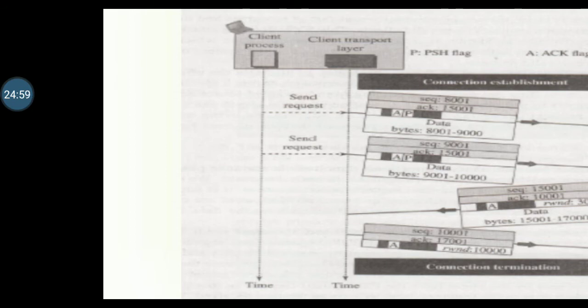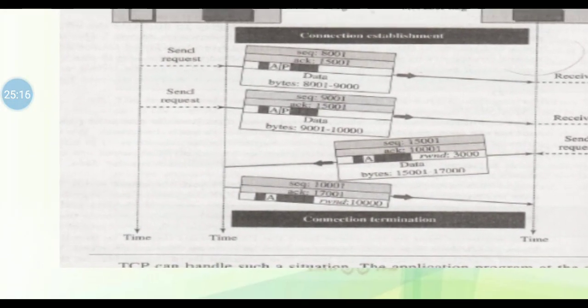Then there is a need to know the values of the sequence and acknowledgement numbers. The data segments sent by the client have the PSH flag. You can see here the data sent by the client has the PSH flag. Here also it is PSH, but you cannot see it on the server side.